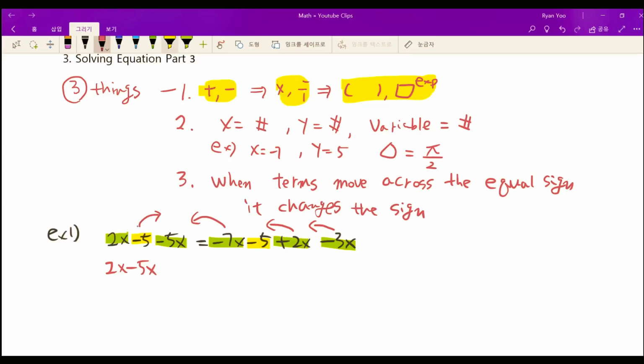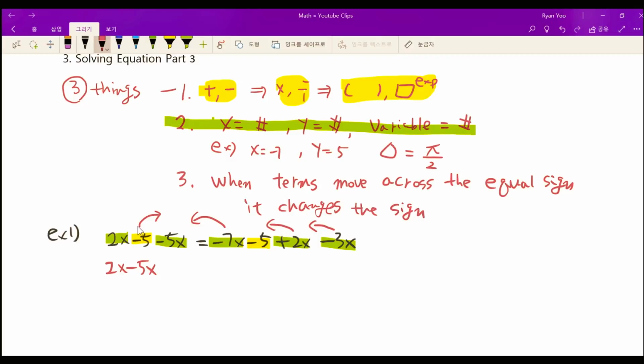The reason is, at the end of the day, I need to have number 2: some variable is equal to some number. So I'm going to put anything with variables on the left hand side, anything without it on the right hand side.